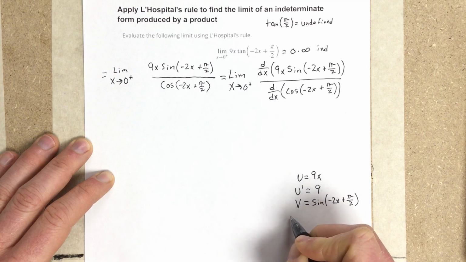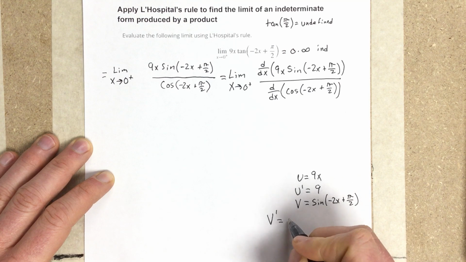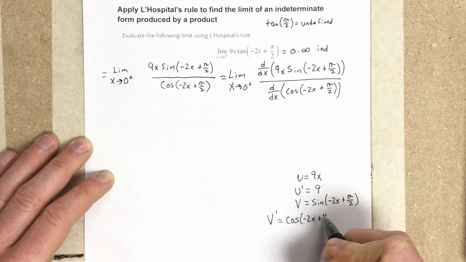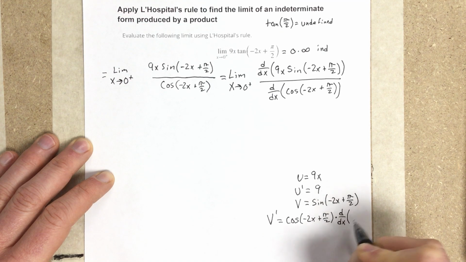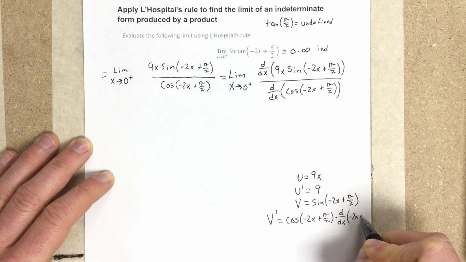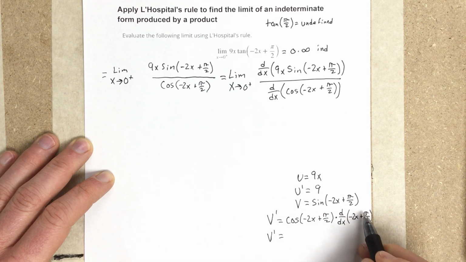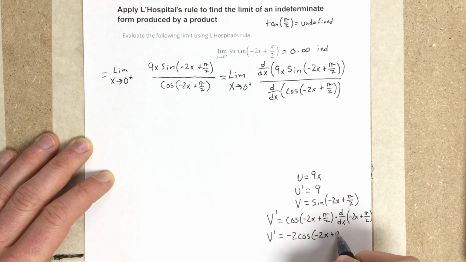And then v prime is the derivative of sine, which is cosine of negative 2x plus pi over 2 times the derivative of the inside, which is negative 2x plus pi over 2. The derivative of the inside is negative 2, and the pi over 2 would be 0. So I end up with v prime equals negative 2 cosine of negative 2x plus pi over 2.